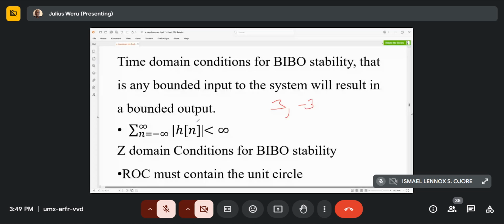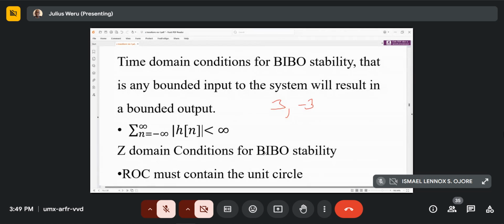That's why we say you have to take the magnitude of h[n]. Then you sum from negative infinity to infinity, and it must be less than infinity. If a system obeys this criterion, then we can say it is BIBO stable.